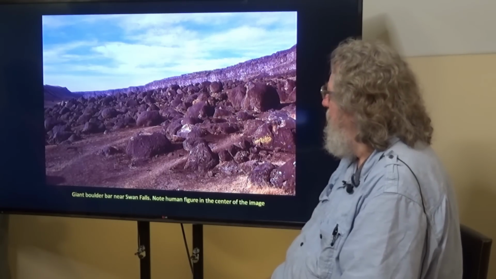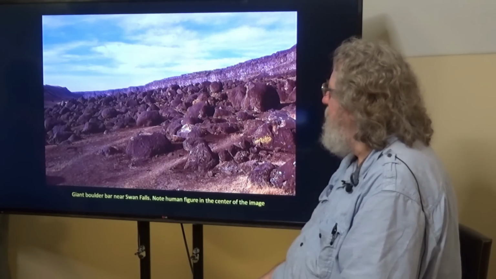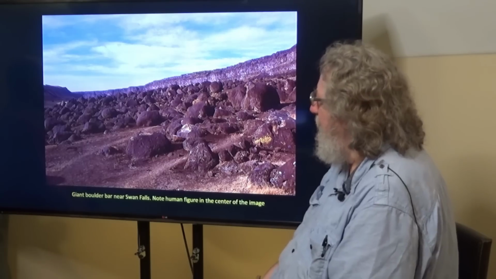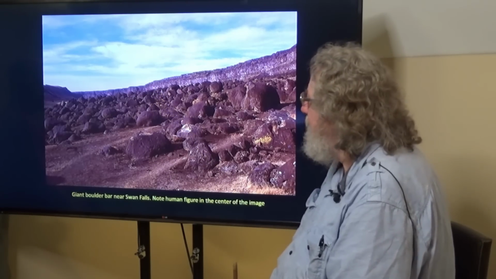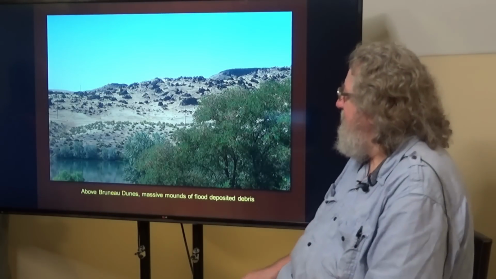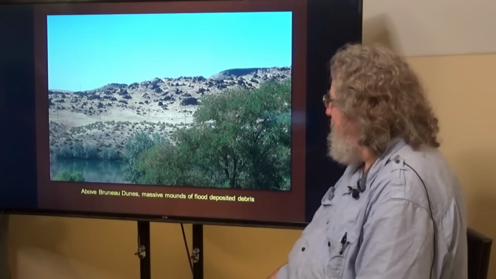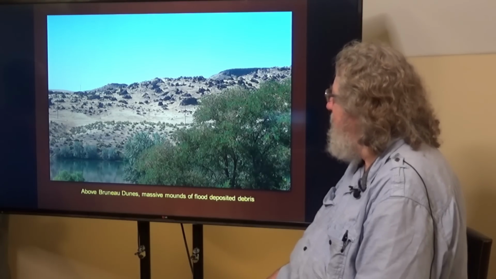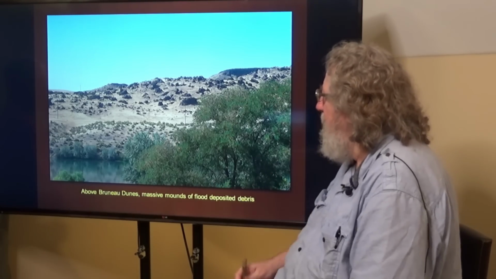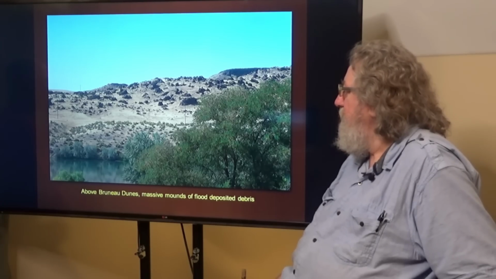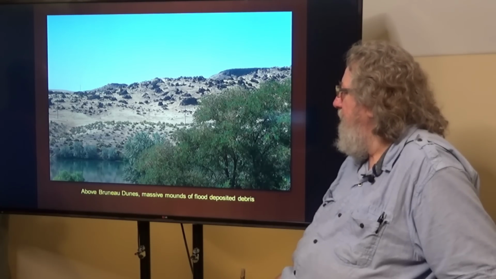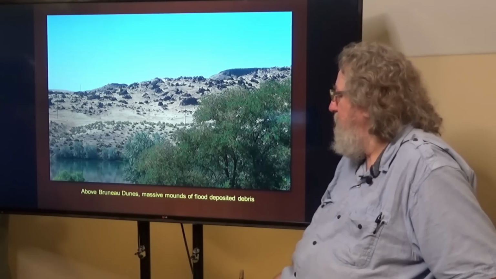Really does demonstrate the unbelievable power of a flood like this. And you can notice the little human figure for scale right there. And you'll see this kind of stuff, just massive mounds of flood deposited debris all within the wake of the flood. These are the kinds of things that you look at to try to decipher the whole hydrologic regime.